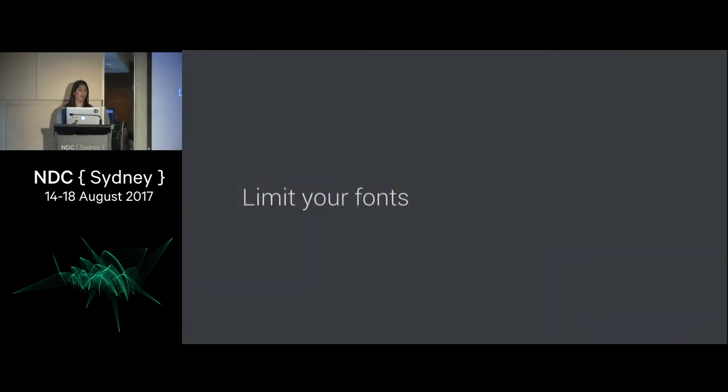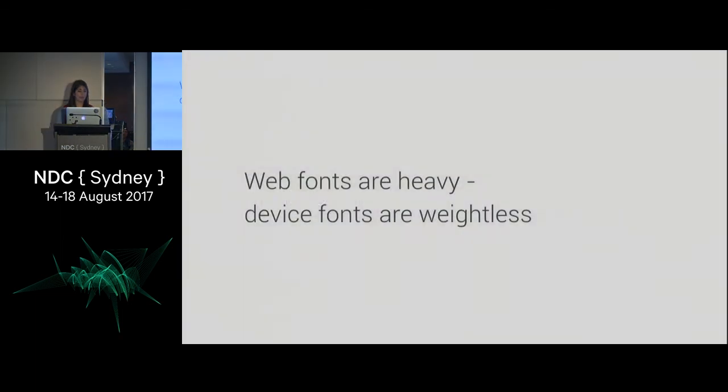Now, fonts are one of the most common reasons of a slow first load, and we know that. But being a designer, I love typography, I love using fonts, but I have to limit them sometimes. And it's worth noting that for progressive web apps, it kind of makes sense to use device fonts, because web fonts are heavy, but device fonts are weightless. So what do I mean by device fonts?